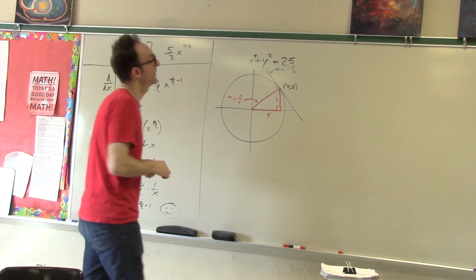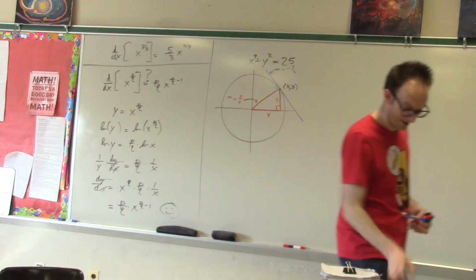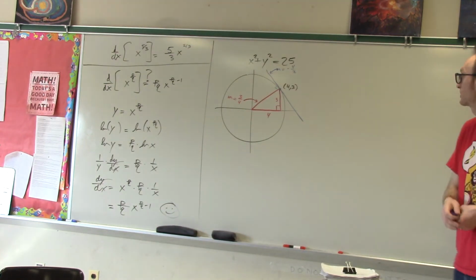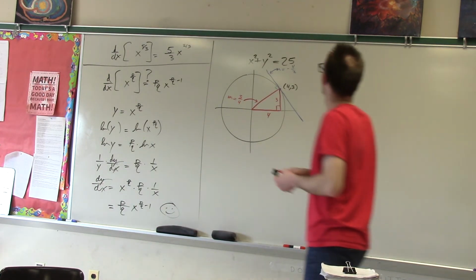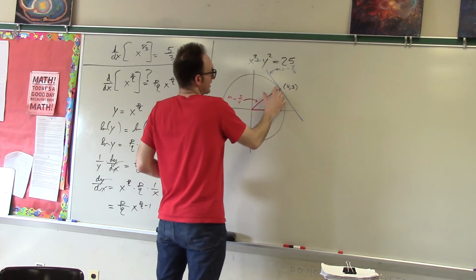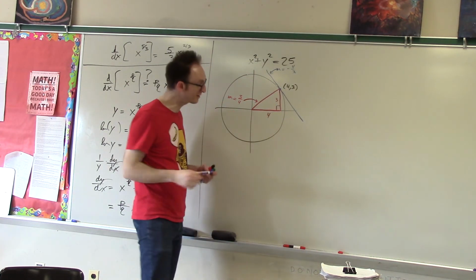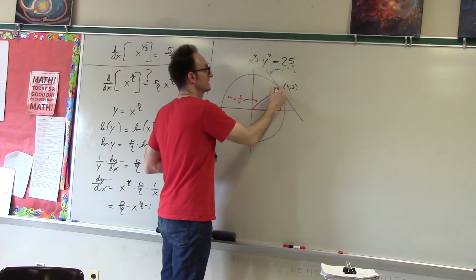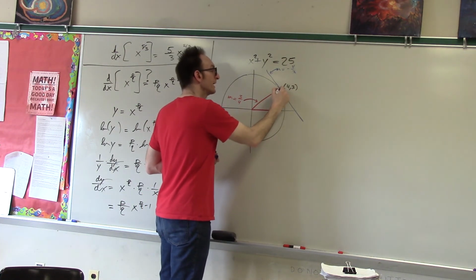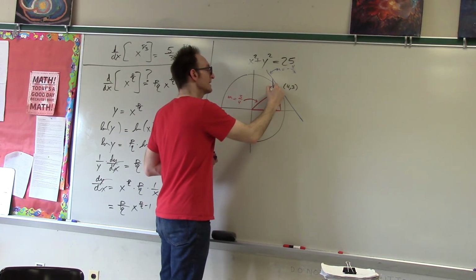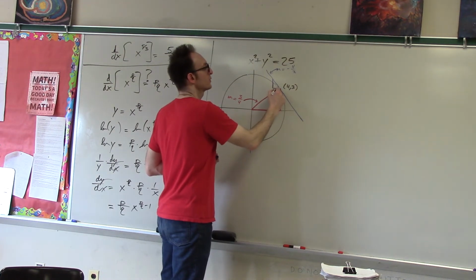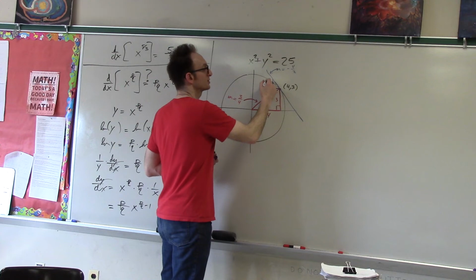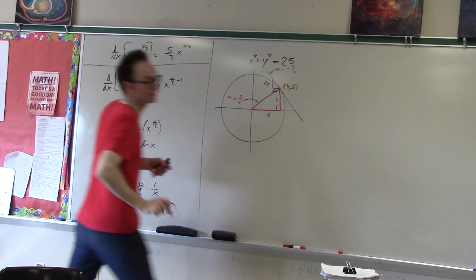But we could also take a calculus approach to this. In the calculus approach, you think of this line as a tangent line in the calculus sense. What I want to know, the slope of that tangent line, is the ratio between the infinitely small change in x and the infinitely small change in y.